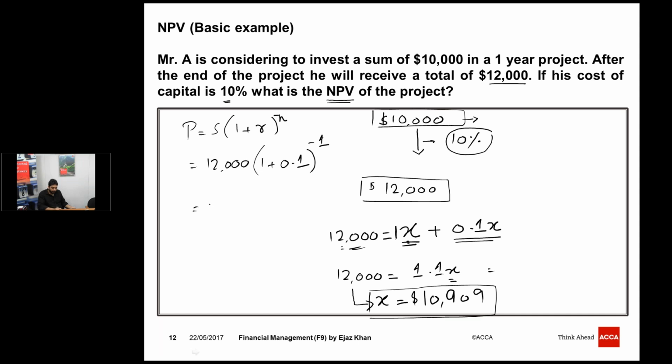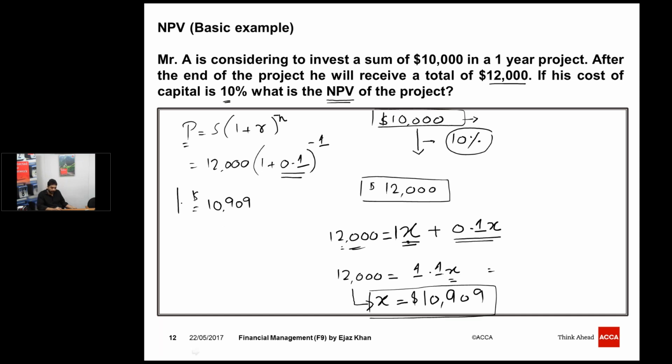If you calculate this, you will get the same value, 10,909. So the P actually tells you the maximum that needs to be invested in a project if this 10% return is required. So it's $10,909.